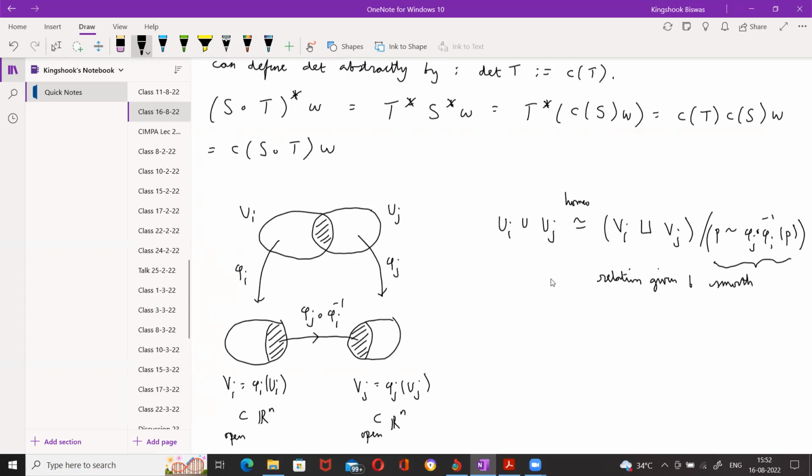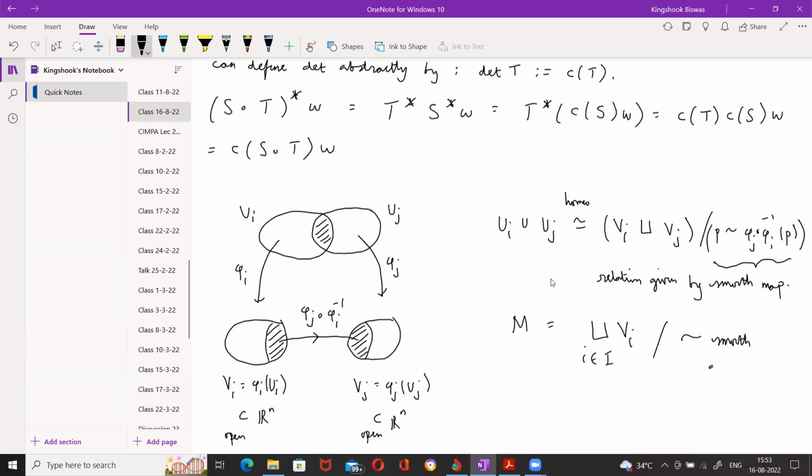What that means is basically I'm taking open subsets Vi and Vj in Rn and I'm gluing them together smoothly, right? So similarly, the whole manifold M, I can write as a disjoint union of the Vi's. So these are open subsets in Rn modulo smooth gluing, right?